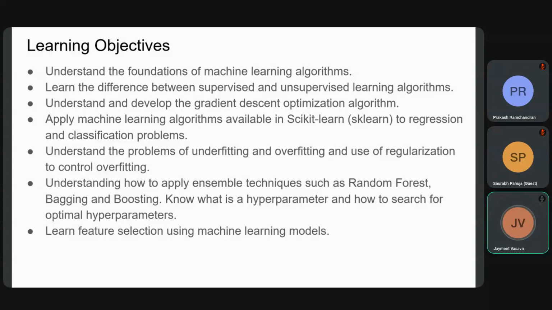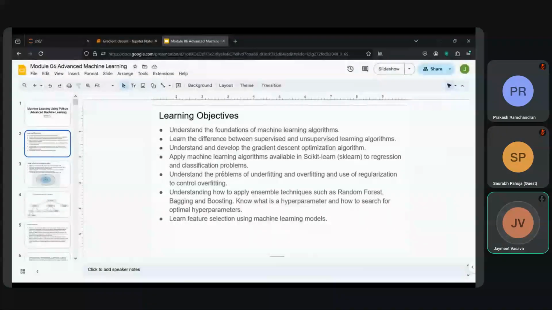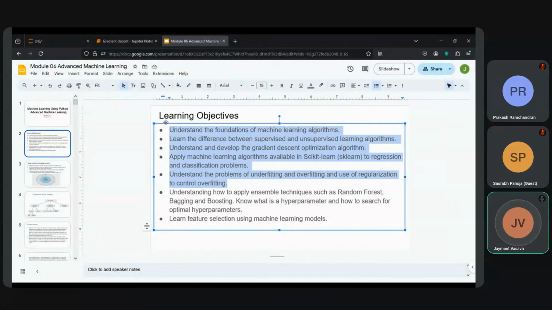We'll also deal with overfitting and underfitting and what to do when they appear. So these are the topics that we'll be covering in this session, and this will be the whole for module 6.